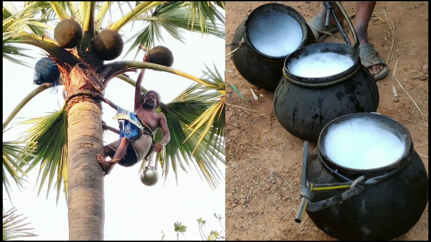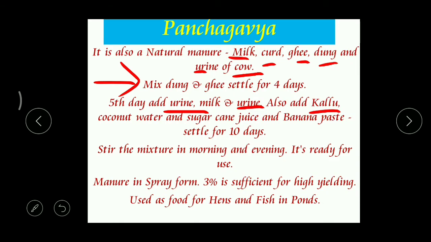In some villages, people know the palm trees, tati chetlu. From these trees we get a milk-like liquid, which is called palm toddy, tatikallu. So we can add this tatikallu, and then coconut water, sugarcane juice, and banana paste.